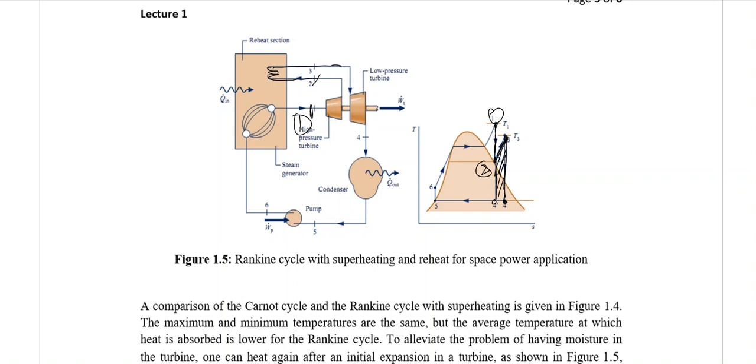But over here, if you have noticed, there is more heat added to the system. In the previous cycle, we were supplying heat only from 6 to 1. Now we are also supplying heat from 2 to 3, in the reheat process. But the work done which we are getting is from 1 to 2, and again from 3 to 4.